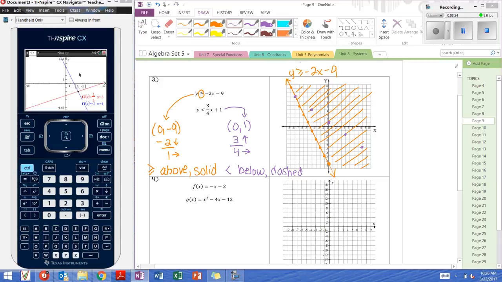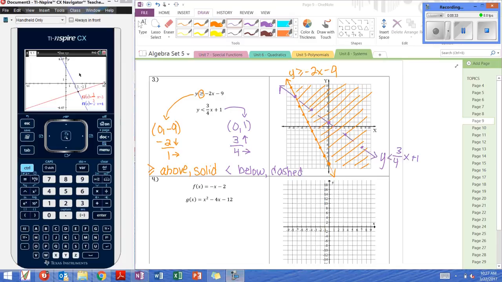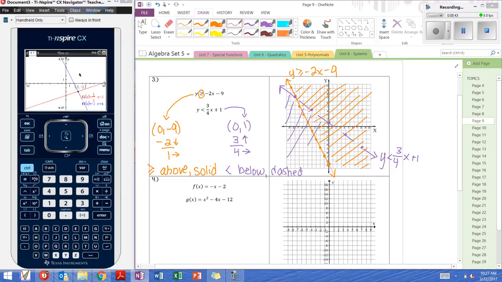We'll talk about that in just a minute. Go ahead, dash that line, arrows on the ends, and label. And don't forget, we also need to shade below the line. So everywhere on the graph that is lower than my purple line, I'm going to shade.